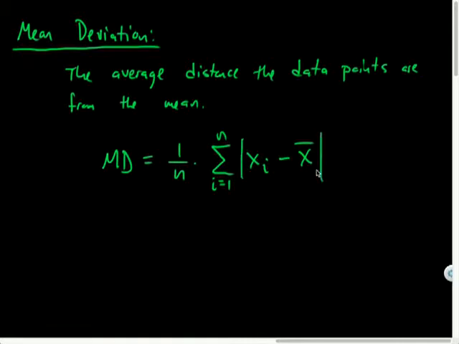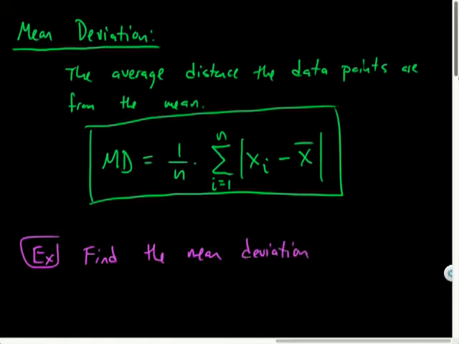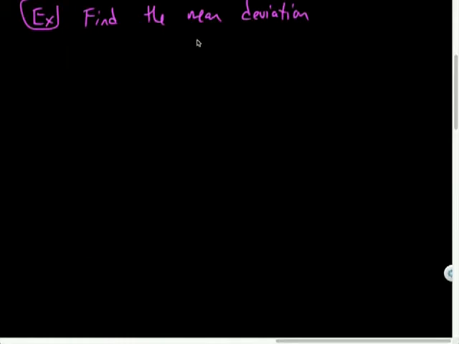So I'm going to take the absolute value of that difference to make it a distance. Kind of craziness, I know. So let's do an example. Find the mean deviation, the average distance that our data is from the mean.